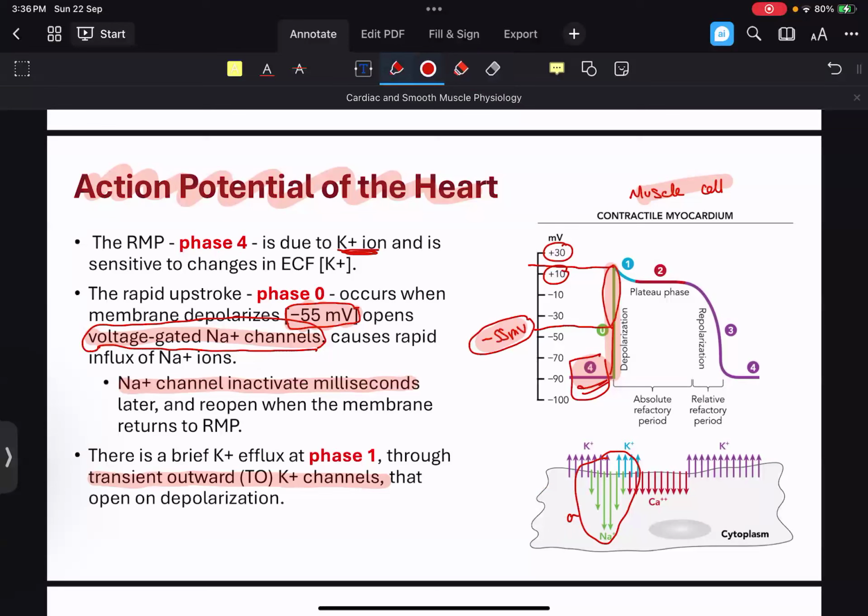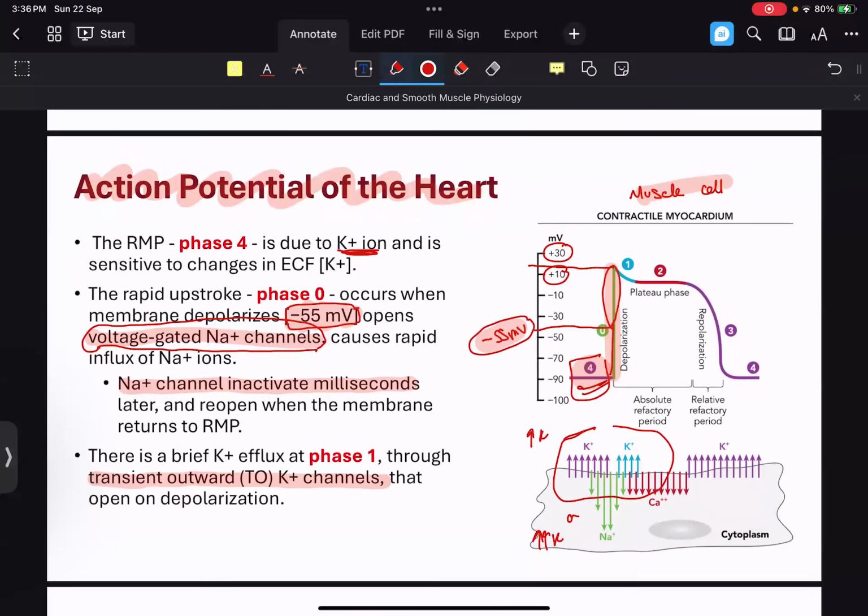This is something that you do need to memorize. The potassium concentration inside the cell is much higher than the potassium concentration outside the cell. So the potassium will flood outside. Is that clear to everyone? Does anyone have any questions up until now? Okay, I'm assuming not, since no one's interrupting.